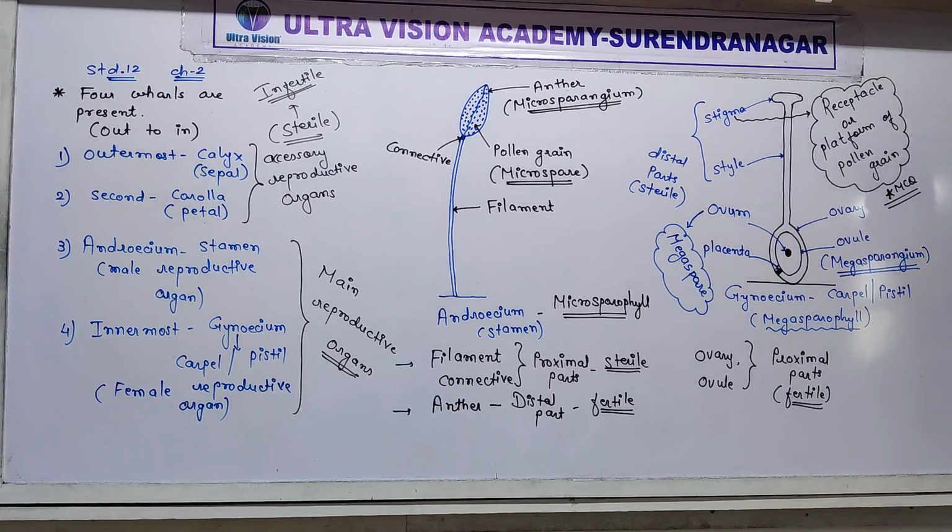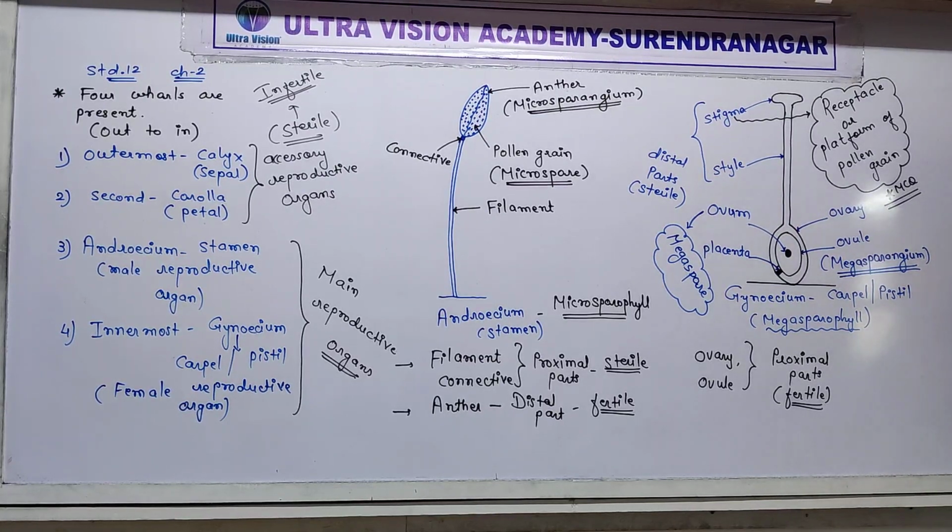Stigma is the receptive part of the pollen grain, otherwise also known as the platform of the pollen grain.